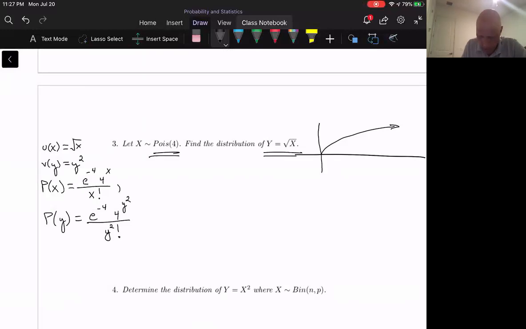Now x for Poisson can be 0, 1, 2, 3, and so forth. Remember, it's discrete, it's count, integers only. And so y could be 0, 1, root 2, root 3, square root of 4 is 2, and so forth.